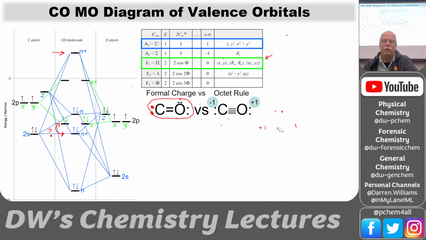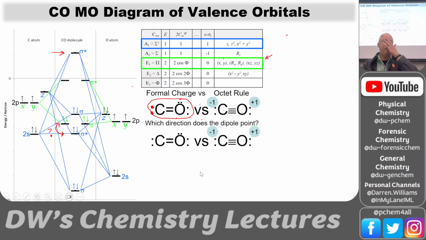Now, this should have a play on the dipole moment of this molecule, shouldn't it? So what does the dipole moment look like in this molecule? It's definitely got a dipole moment because the two atoms are not the same. So anytime you have a bond between two dissimilar atoms, you've got a dipole moment in that bond. Okay?